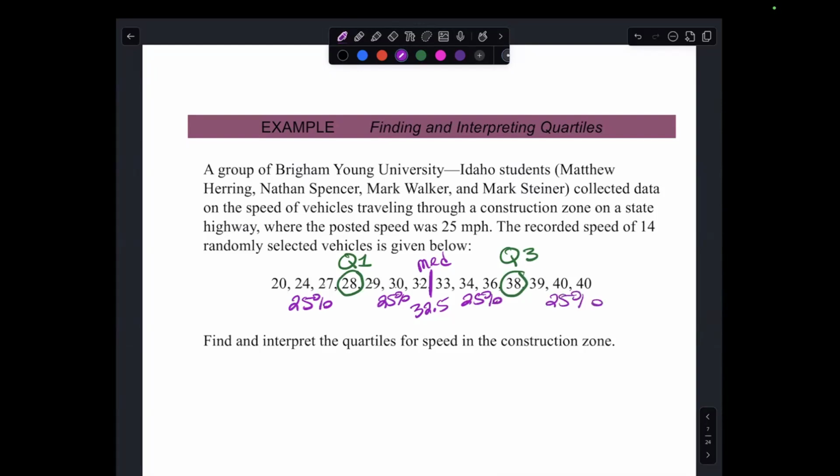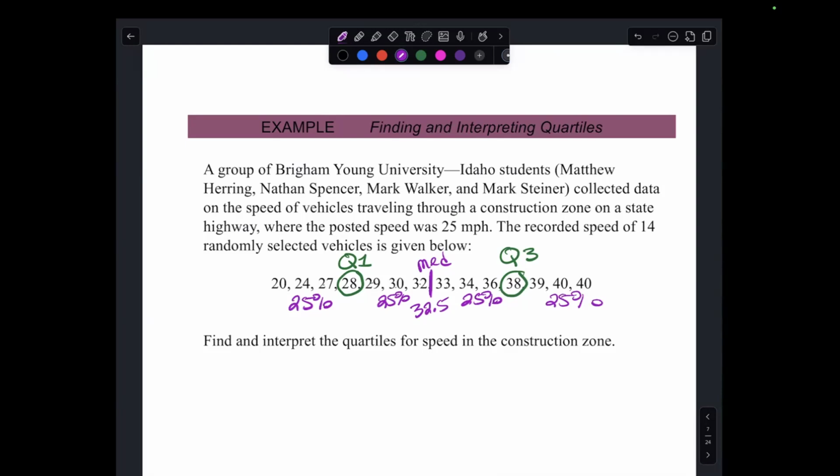They just want to know that 50% of your data is below the median, 50% is above, 25% is below Q1, 25% is between Q1 and median, 25% between median and Q3, and then 25% above Q3. And that's it. It doesn't get more complicated than that for finding your Q1 and Q3.